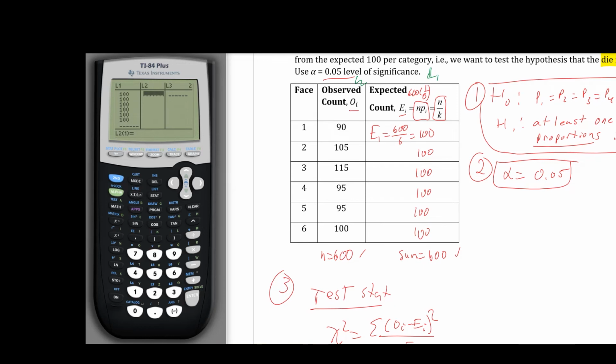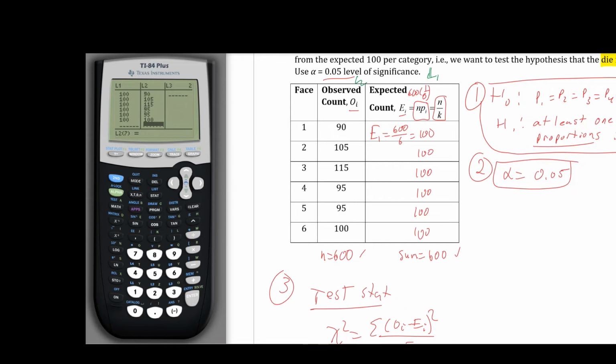And the observed counts are 90, 105, 115, 95, 95 again, and 100. So the side with the 6 actually was right on the money. It was exactly 100, so that's not going to contribute anything to this test stat. The one that will contribute the most, I believe, is phase 3, just because 115 is much more different than 100, but probably not significantly different.